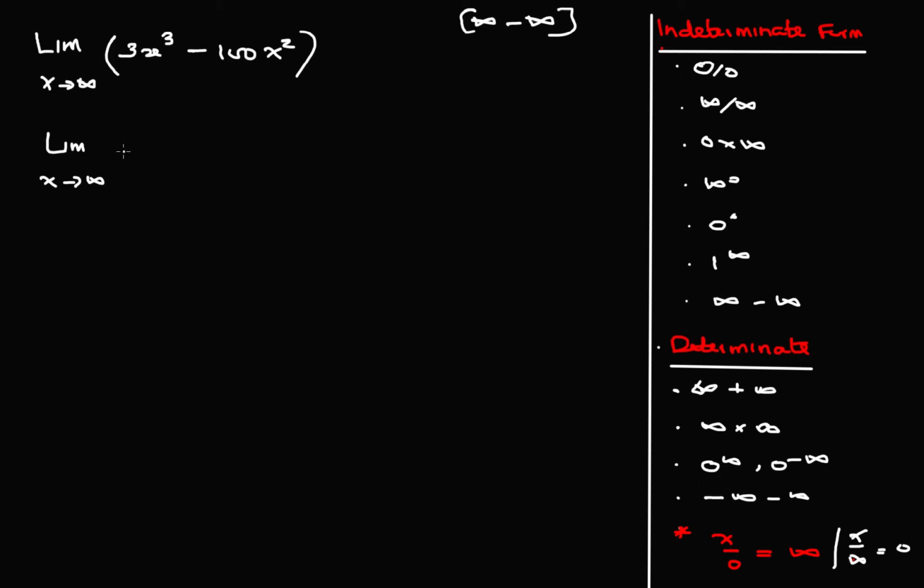I think that we are going to try and factorize. Okay, so 3x minus 100. Now what has happened here? We have this infinity here, and this is something that can also give us infinity. So here we have infinity times infinity.